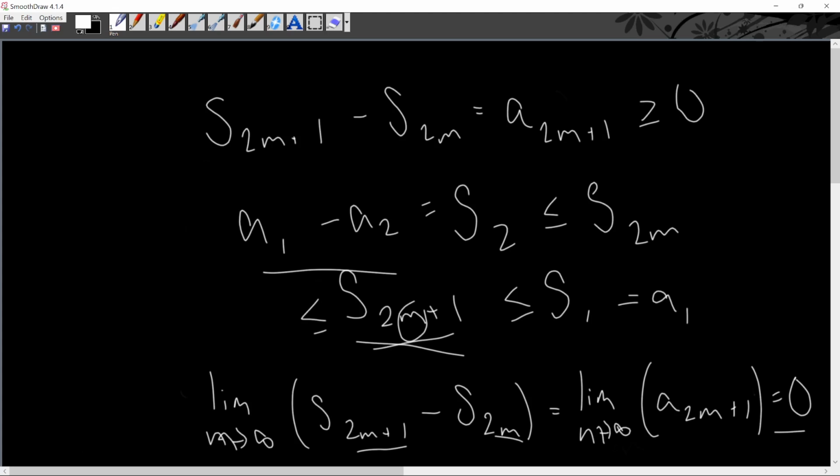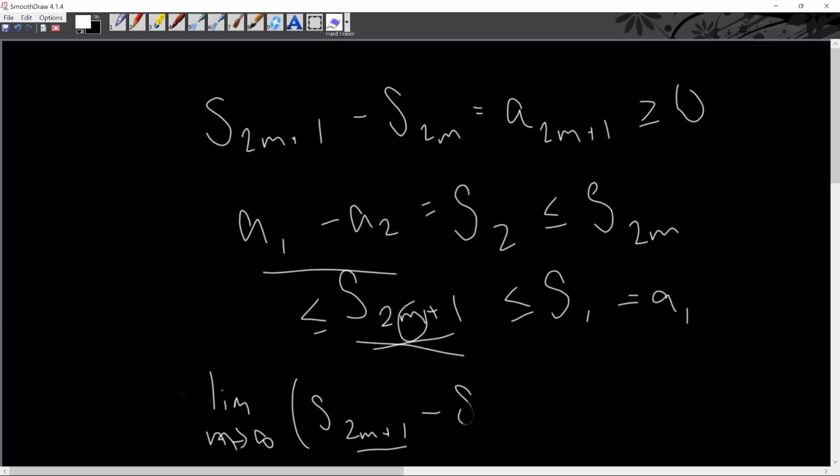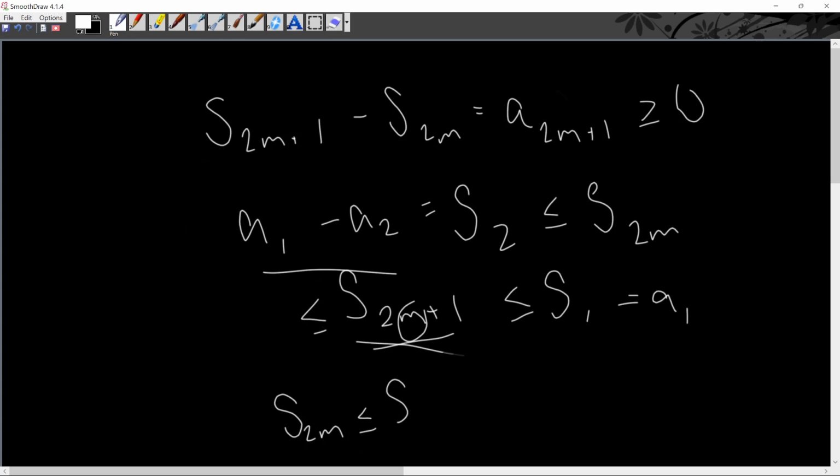And that means that if you plug this back into our inequality, we have the limit is in between the sum up to 2m and the sum up to 2m plus 1.